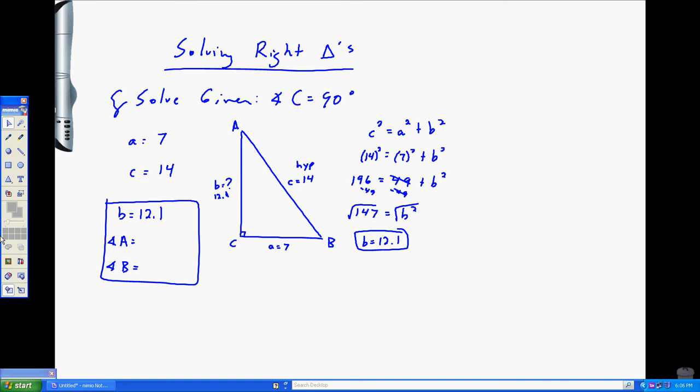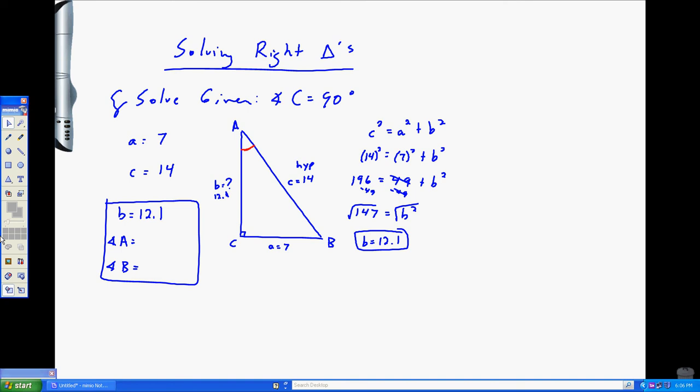Now, ask yourself, does it matter which angle I go and find, whether it's A or B? My answer is going to be no. It doesn't matter, whichever you want to pick. Okay? If I decide to go with A, which I'm going to do, okay? So side or angle A here. There's angle A. I've got to name my sides from that angle.